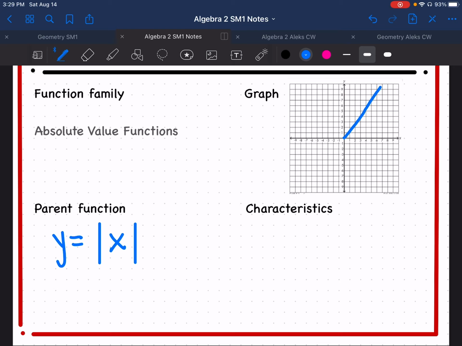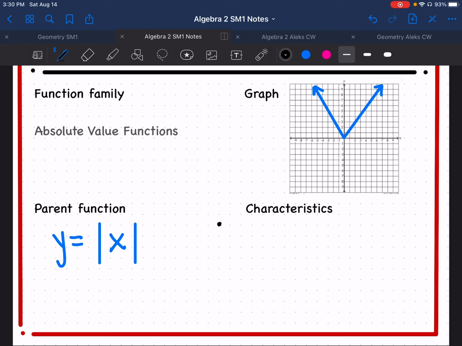But the absolute value function makes a line heading this way and a line heading this way. Where the quadratic graph, the parabola, looks like the letter U, the absolute value function looks like the letter V. It comes down to more of a precise point.